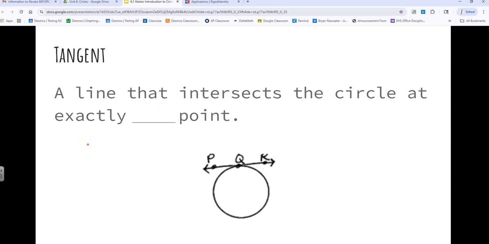Okay? A tangent is a line that intersects the circle at exactly one point. Just one point, right here. Now the word tangent you have probably seen before. It was not with circles though. It was SOHCAHTOA, which was your trigonometry, like your sine, cosine, and tangent, right?